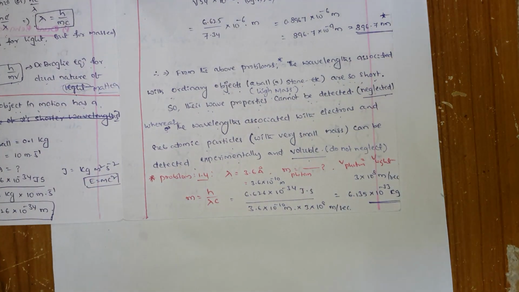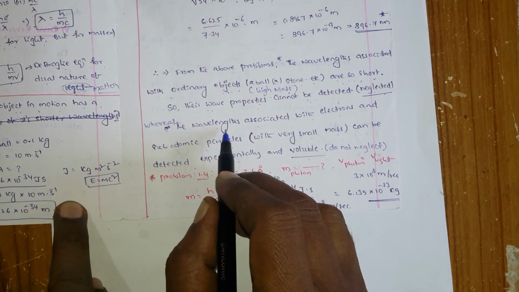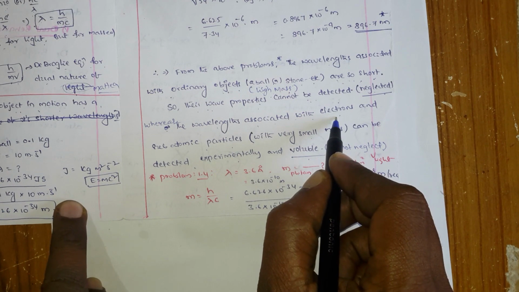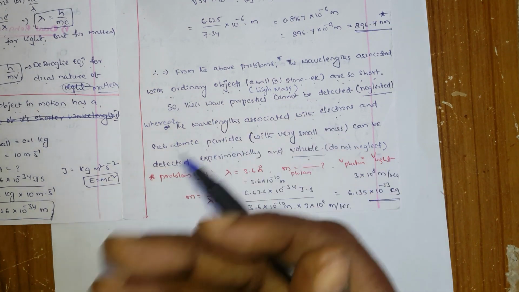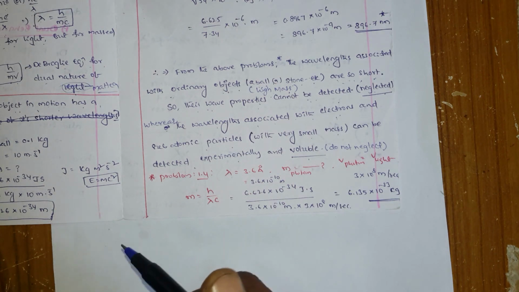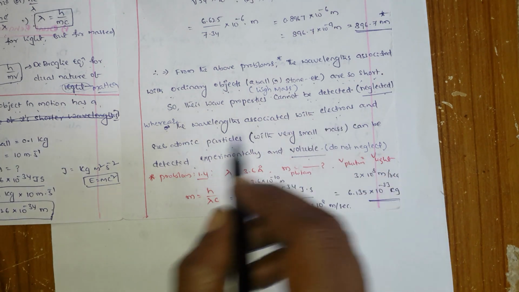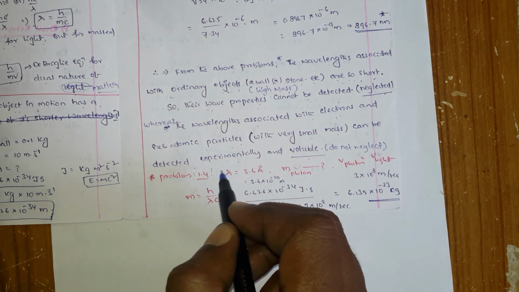But when you come to the wavelengths associated with electrons, because electrons have a very small mass, that is the reason electrons and subatomic particles can be detected experimentally.